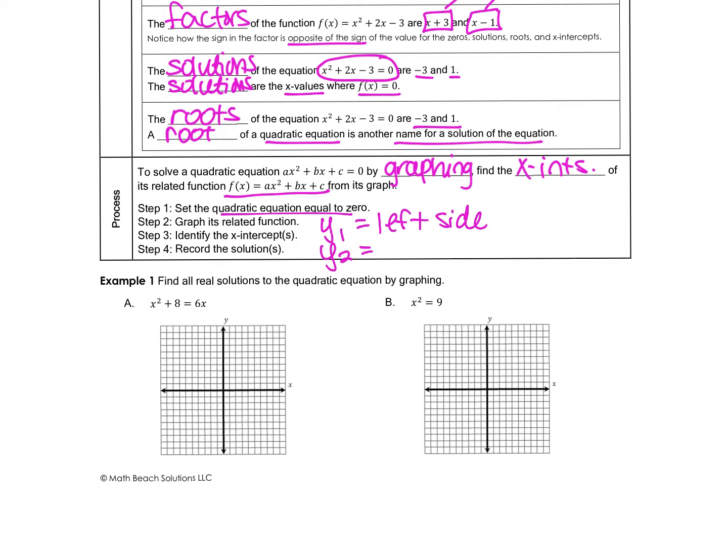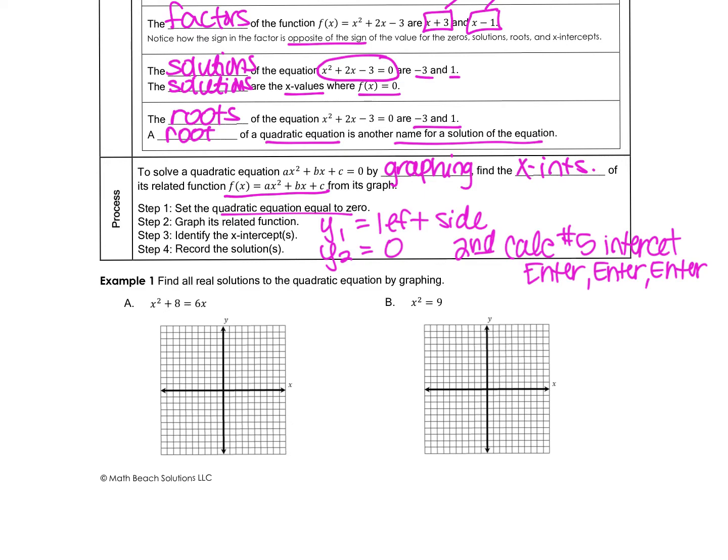In y2, you're going to type in the right side, which should be 0, because remember, you're setting it equal to 0. After you do that, you're going to do second calc, and you're going to use number 5, which is intersect. Once you've done that, you're going to press enter 3 times.